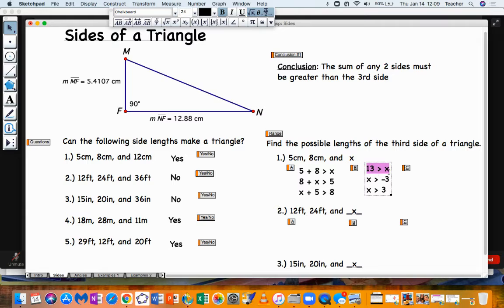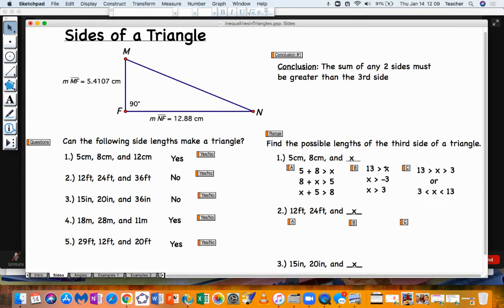13 has to be greater than x, or x less than 13, however your statement wants to be, and x has to be greater than 3. All right, and that's your inequality. That is your range. So you can write this one of two ways. You can do 13 is greater than x, and then x is greater than 3. Or you could flip that in the less than symbols.